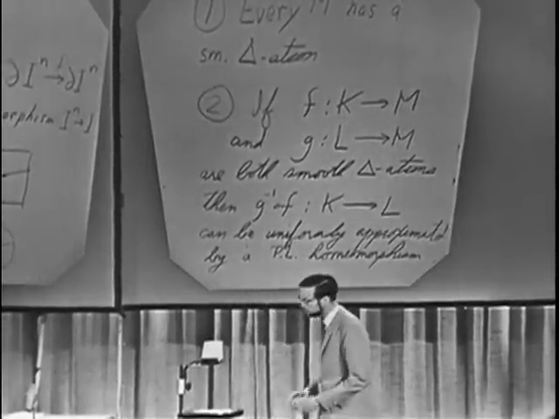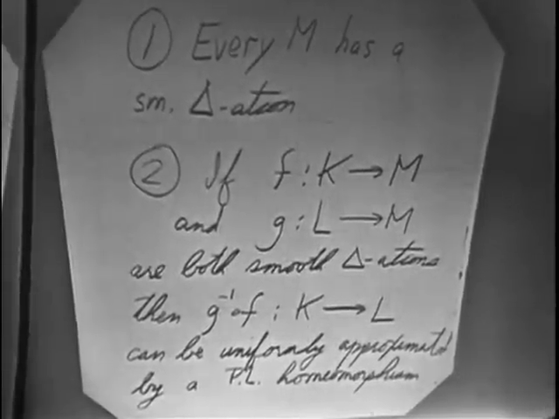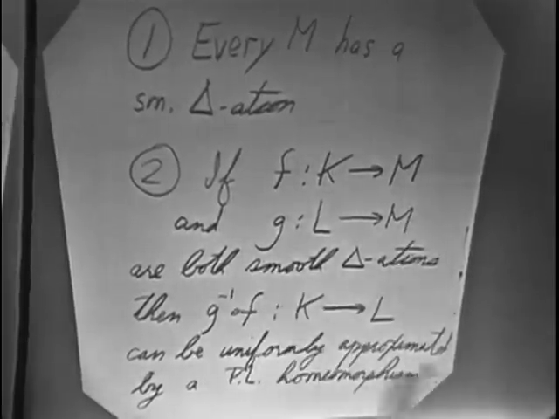So this tells us that to each smooth manifold we have associated a class of simplicial complexes, namely the ones which appear in such smooth triangulations, and that these are essentially unique, because if we have any two of them, they are piecewise linearly homeomorphic.